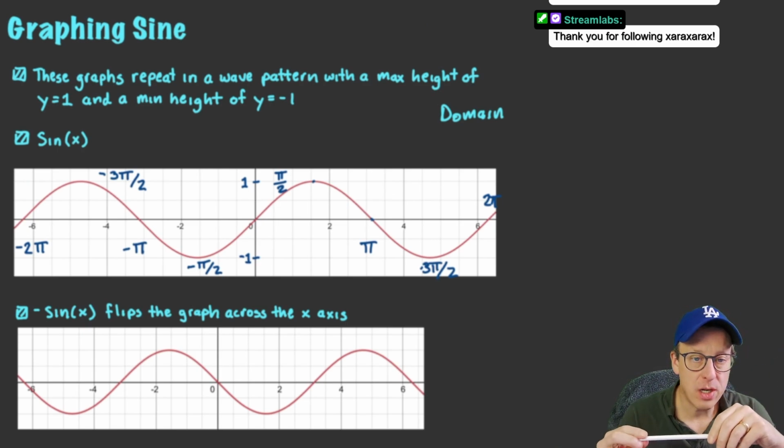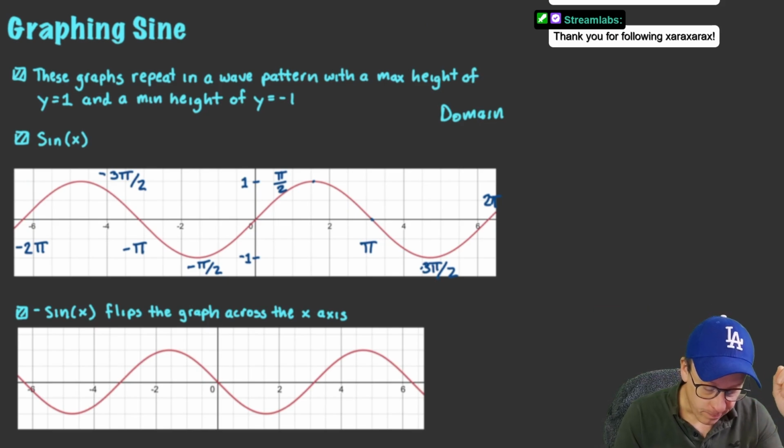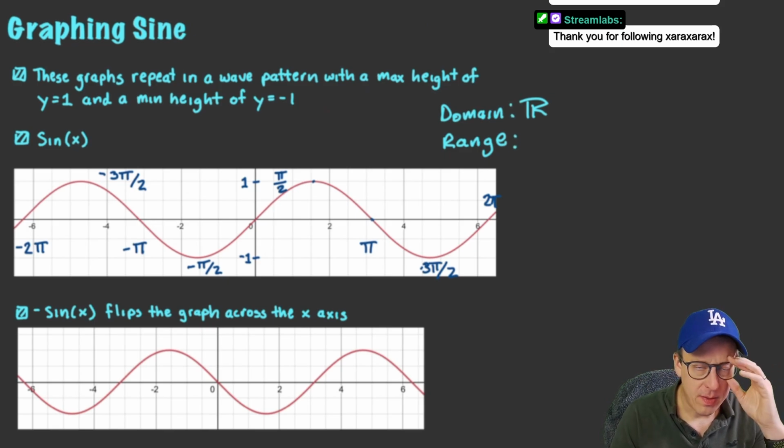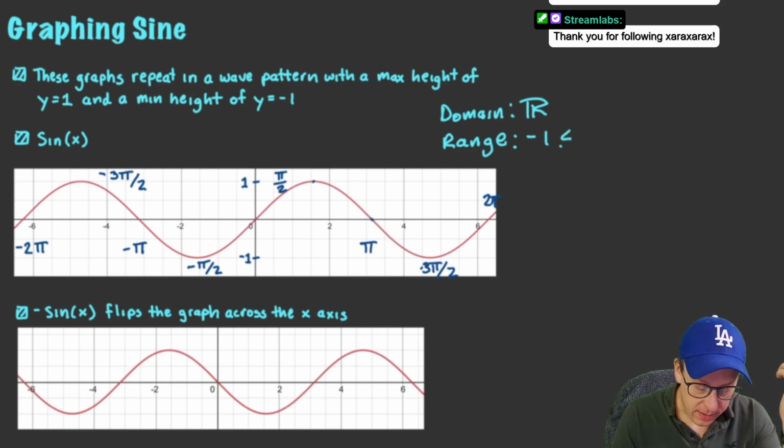And the range is going to be represented with values that are greater than or equal to negative 1 and less than or equal to 1. So the range is negative 1, less than or equal to, and we can just throw our function inside of here, less than or equal to 1.